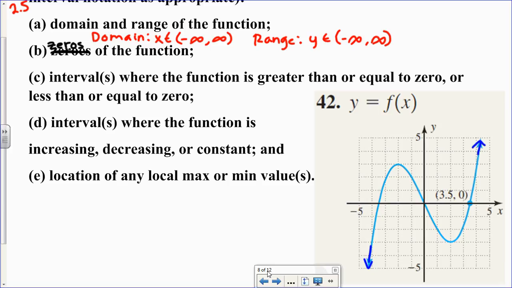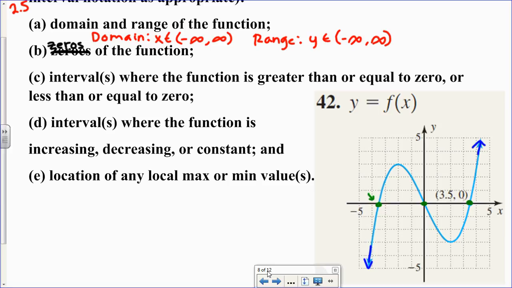The zeros are where the graph crosses the x-axis, your x-intercepts. And this one here that it doesn't give us the point for, we're going to assume that that's negative 3.5, 0.